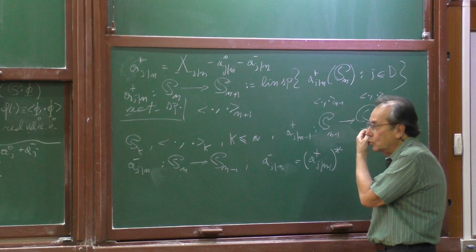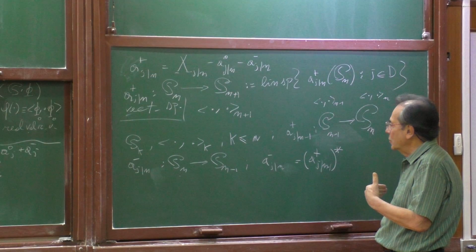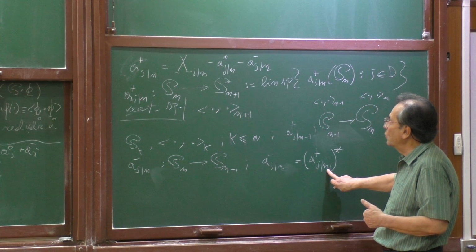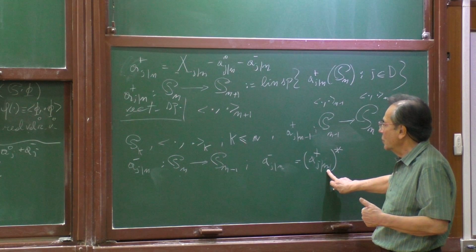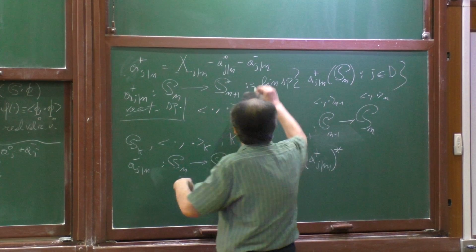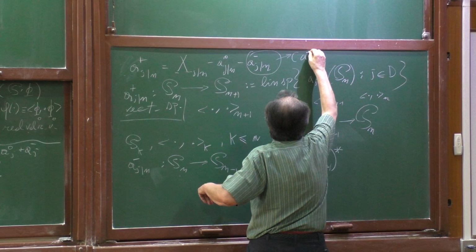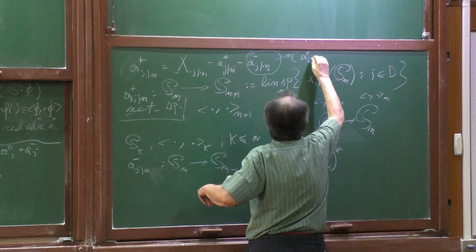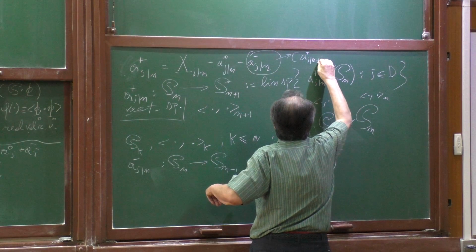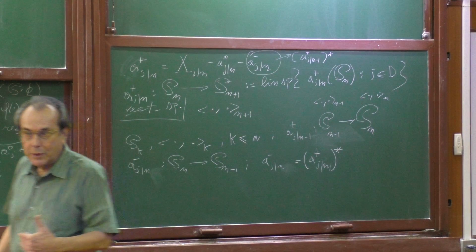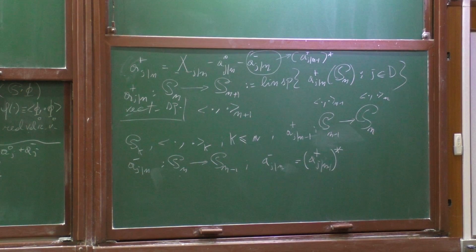So what do we have to do? We have to create this one, A plus J restricted to n minus 1 adjoint, which I have because I have the scalar product in n minus 1 by the induction assumption.